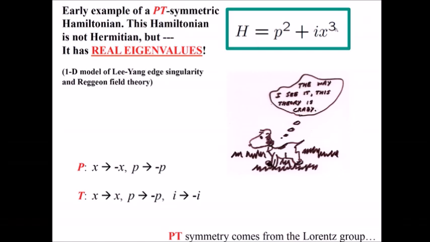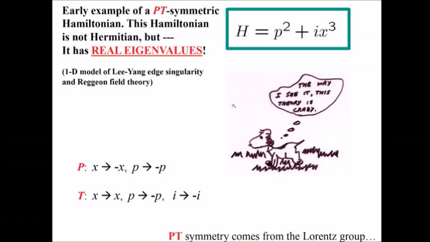And in my courses on quantum mechanics, I was taught that a Hamiltonian has to be Hermitian. However, a little while later, I noticed that in fact, this Hamiltonian has a symmetry, and the symmetry is that H remains invariant under i goes to minus i and x goes to minus x.